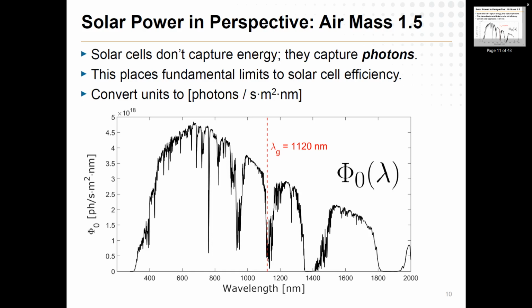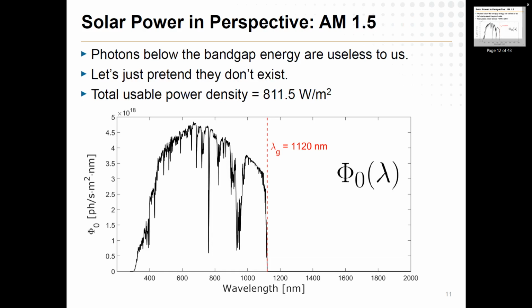So what that means is all the photons way up here don't have enough energy to excite an electron-hole pair, and they may as well not even exist. You can't capture them. And all the photons down here are the ones we are interested in. So we take our magic eraser and erase all that. This is the total solar spectrum that we care about that is available to us if we have a silicon solar cell. You notice we converted the units to photons per second per square meter per nanometer.